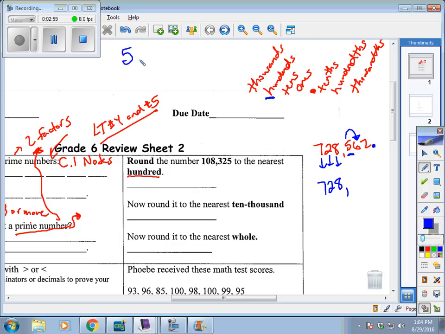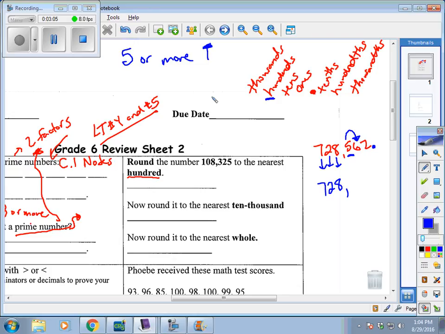I'll write this week, but I'm not going to write it after this. 5 or more, raise the score, or the number goes up. 4 or less, let it rest, or the number's going to stay the same. You guys all wrote this on your review sheet today, review sheet number 1. So you should have written 5 or more, raise the score. 4 or less, let it rest. Okay?